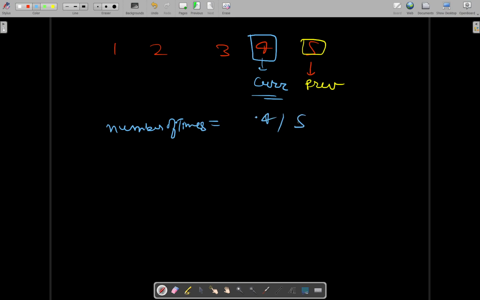4 divided by 5, it will be 0. We will take the integer value, or you can say the floor value.